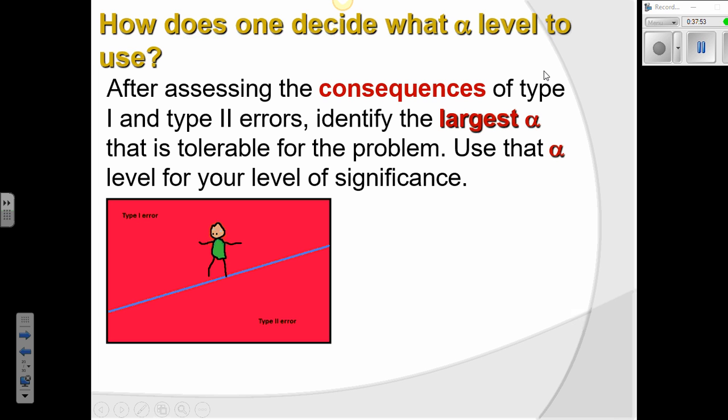Why is that the most common one? It's to balance the type 1 and type 2 errors. Unless you really look at the scenario and you say, type 2 is non-negotiable. We must reduce that. So then that's when you adjust your alpha level. Or you say type 1 cannot occur. We cannot have type 1 error. So that's when you reduce alpha level to be super, super small.